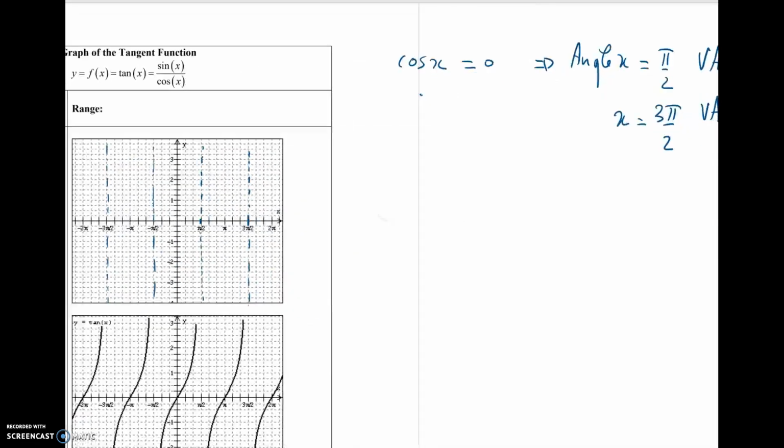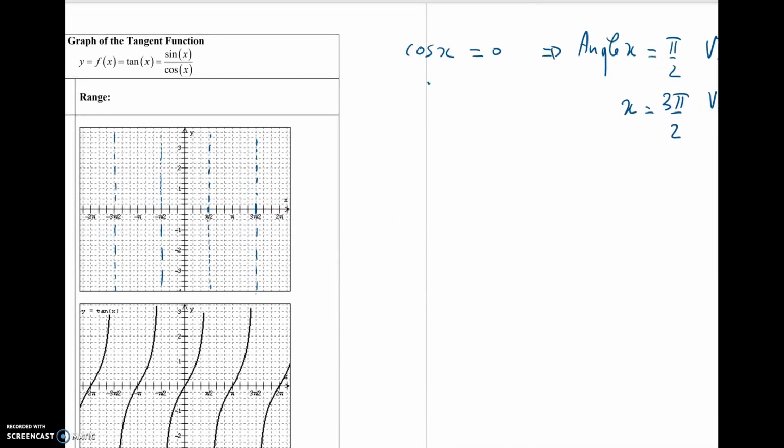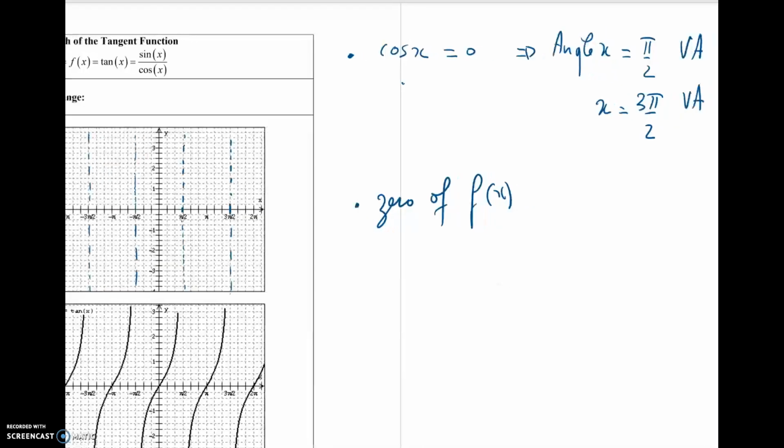So now, let's try to find where the zeros of that function are. The zeros of f of x are the values of x that make your function equal to 0.